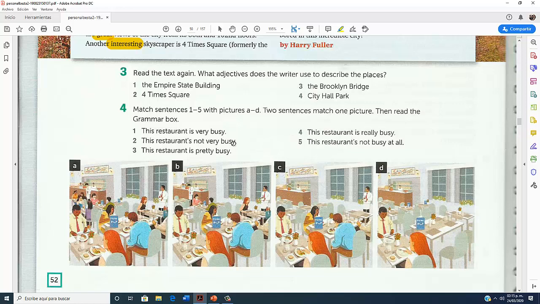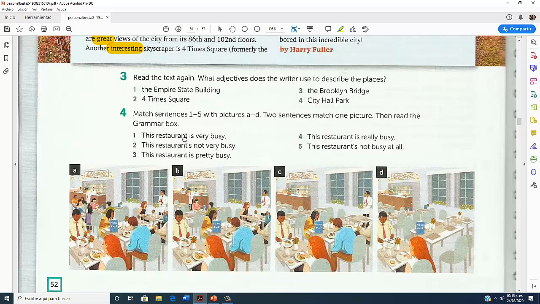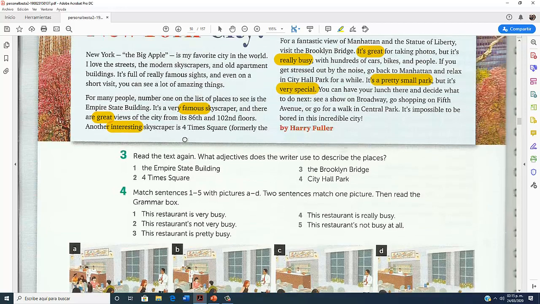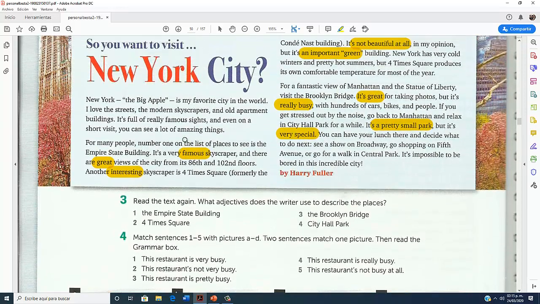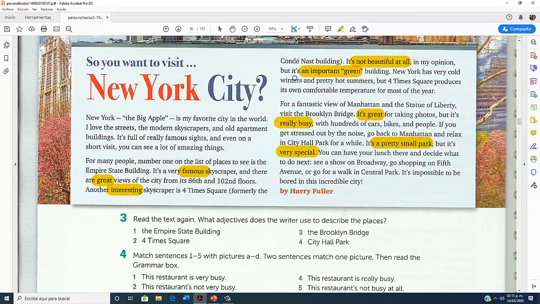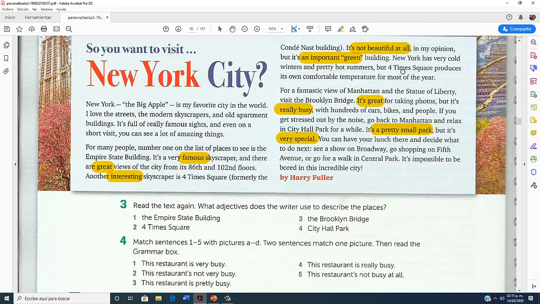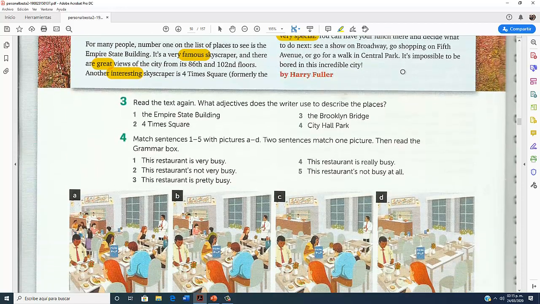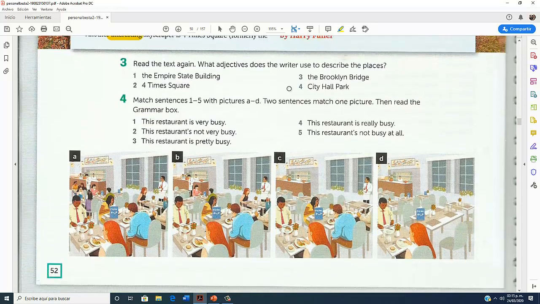Here we can see some of the additional words added to the adjective, like, for example, really busy, very special, pretty small park, not beautiful at all. Those words are also in these sentences, but first we need to match.